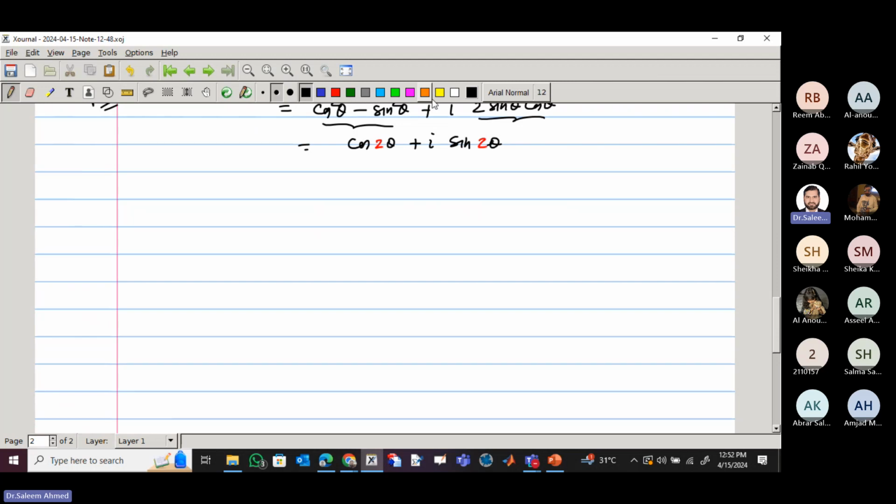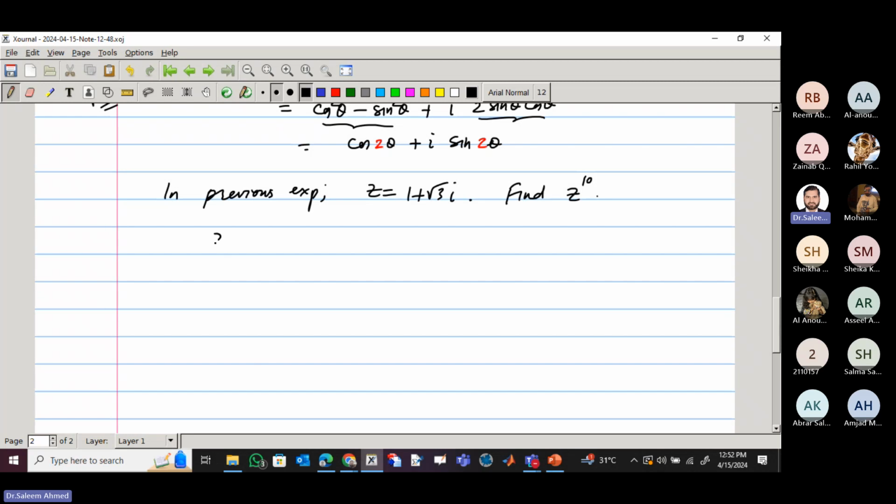So let's see in the previous example, when z was 1 plus square root of 3 iota. If the question is to find z to the power 10, see how difficult it will be.